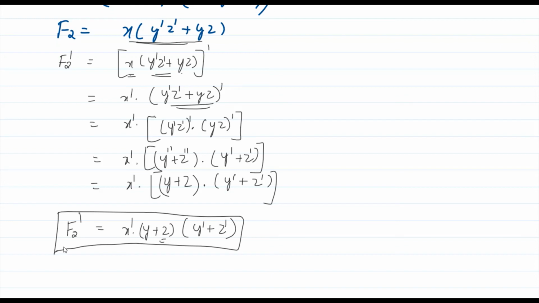Directly also you can write, wherever dot is there you put plus, wherever prime is there make it unprime. Say for example if I write this f2 equals x into y prime z prime plus yz, if you want to directly write the complement of the given function, that is f2 prime, so write x prime plus y plus z dot y prime plus z prime.